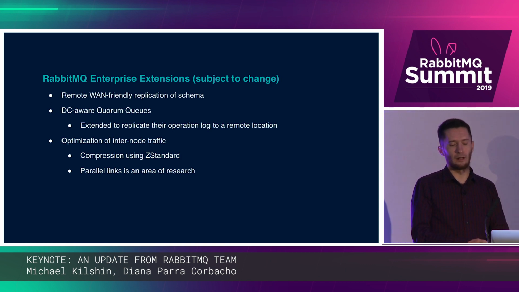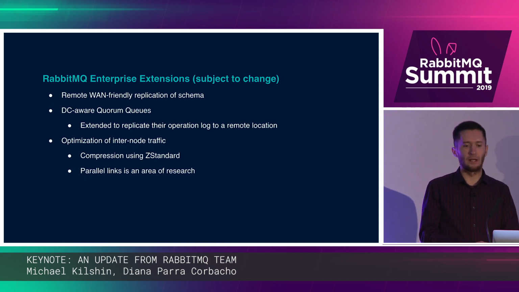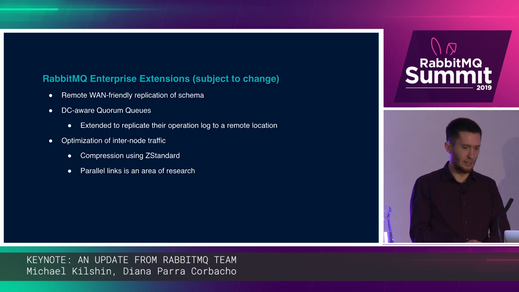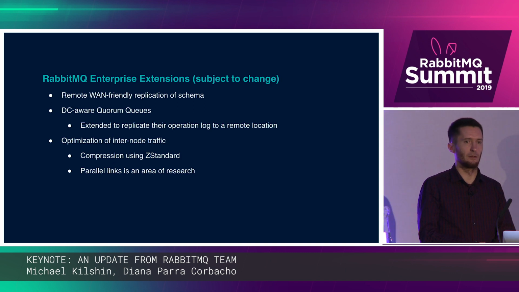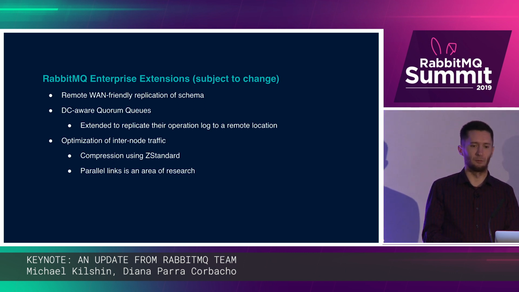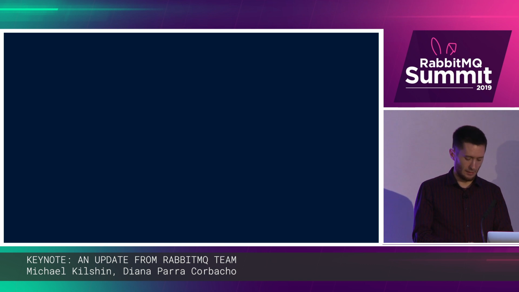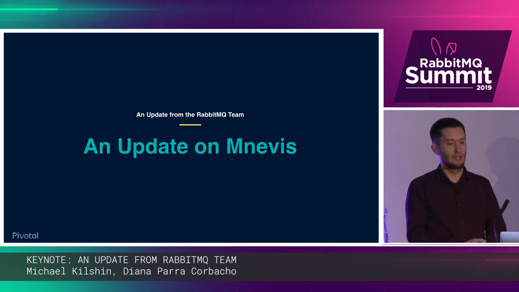And using more than one link to transfer data is an area of research, because a single TCP connection, well, eventually it has limitations, and that's how nodes communicate with each other today. All right, so these are roughly the highlights of RabbitMQ 3.9.